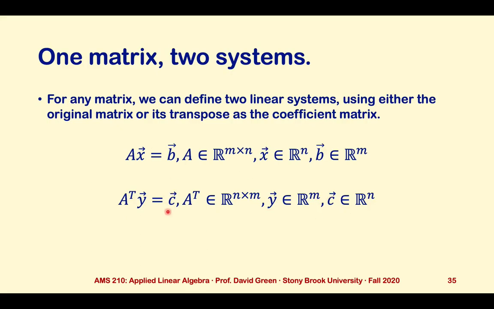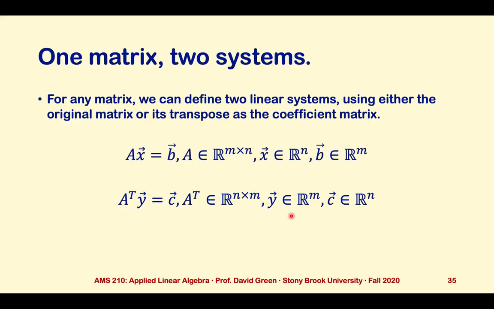And the right-hand side lives in Rn. Again, different than the right-hand side of the non-transpose case. Of course, in square matrices, these would all share the same parent space. But in the general case, they may be in different dimensionality parent spaces.